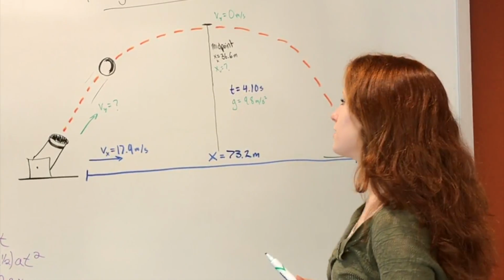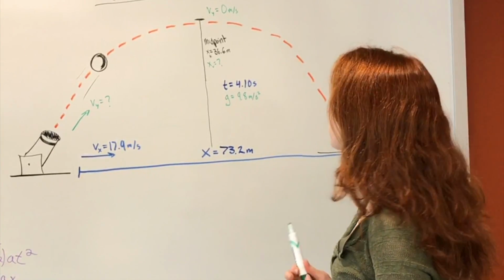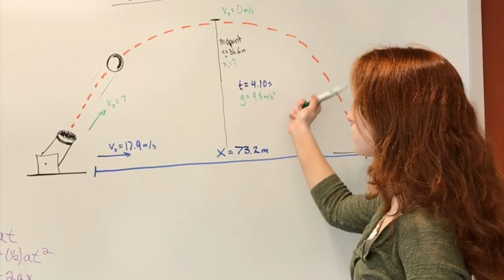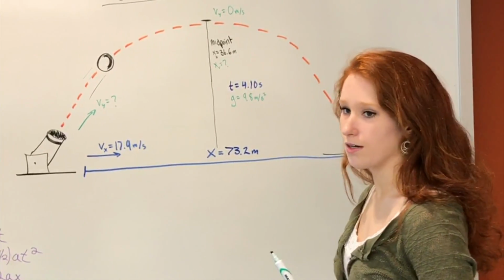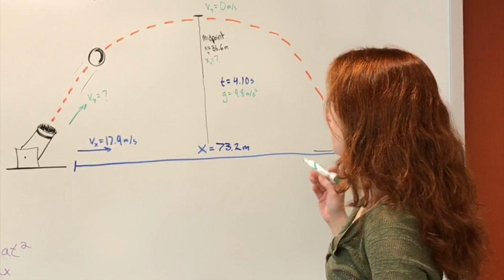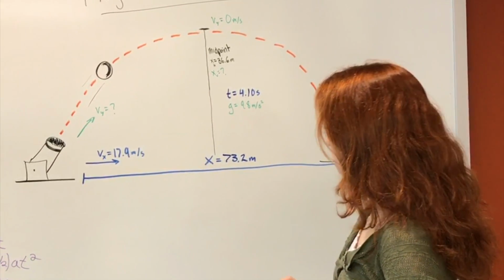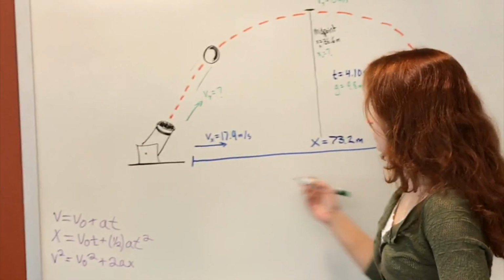Now we're going to find the vertical displacement at the midpoint, or halfway through the projectile, the highest point that the cannonball goes into the air. We're going to use the second equation for that.